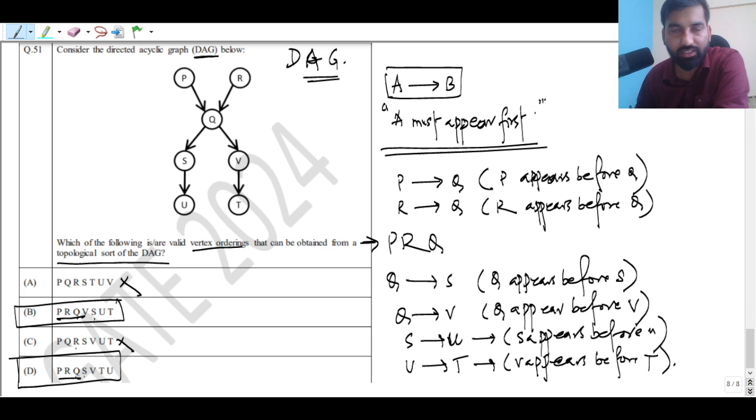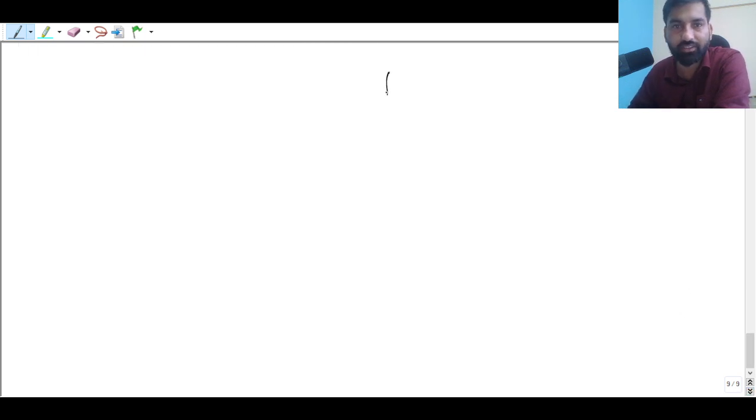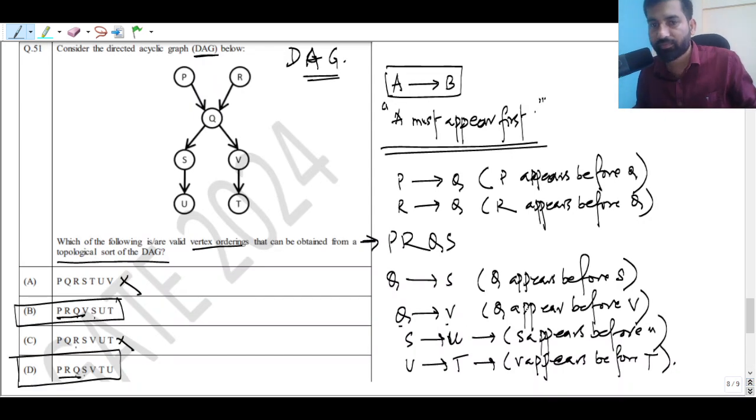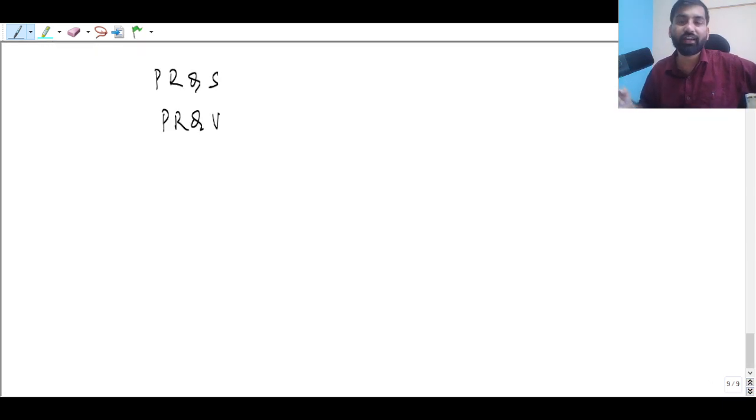Q appears before V, so after PRQ it can be S or V. S appears before U, so here it can be S and here it can be U.